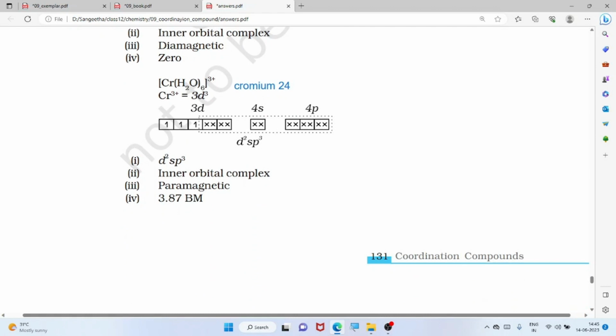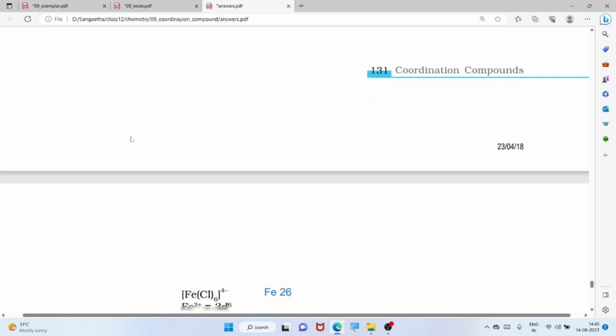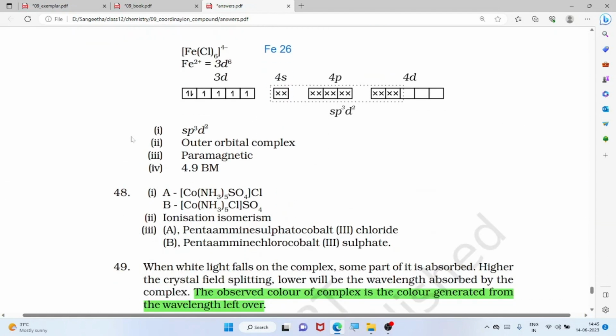So here this is also an inner orbital complex. Here we have an unpaired electron, so there is a magnetic moment. So here you see this is the outer orbital. Pairing is not starting from 3d, it takes place in 4d. So this is a weak ligand.